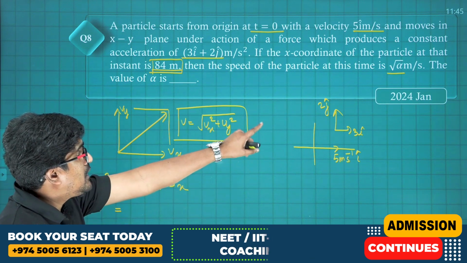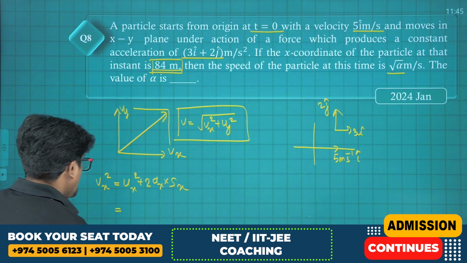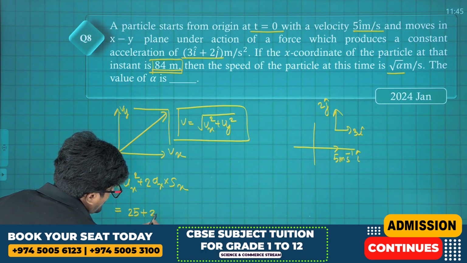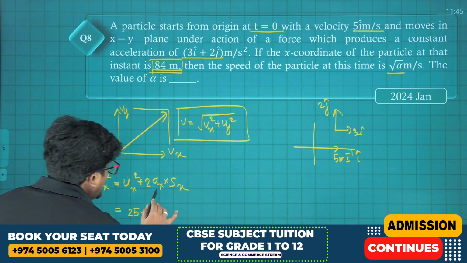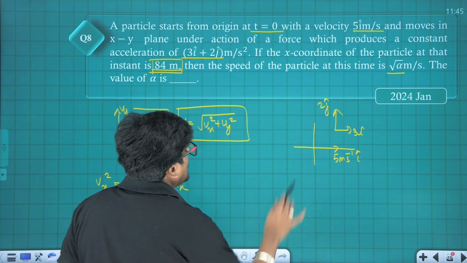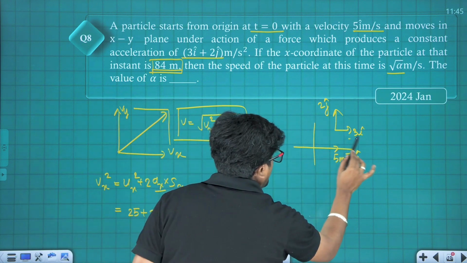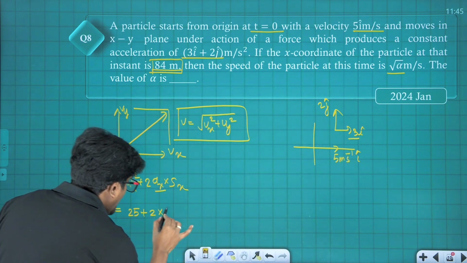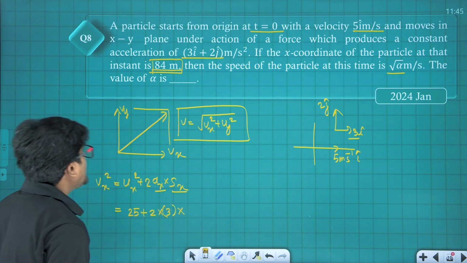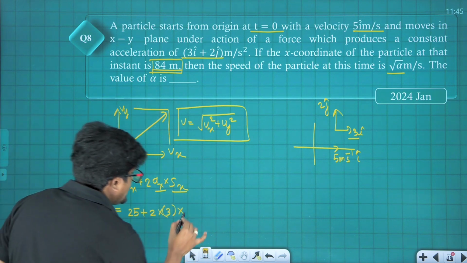Ux square is 5 square, because Ux is 5, that is 25, plus 2 into what is acceleration along x axis? Acceleration along x axis is marked as 3. So I am going for that, 3 into displacement along x axis. Displacement along x axis is 84.